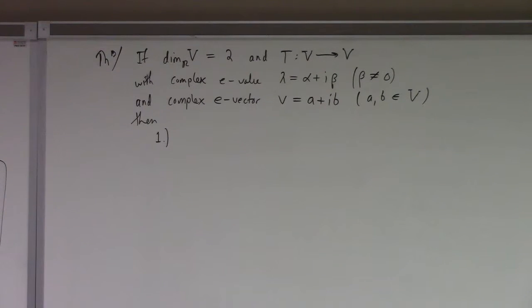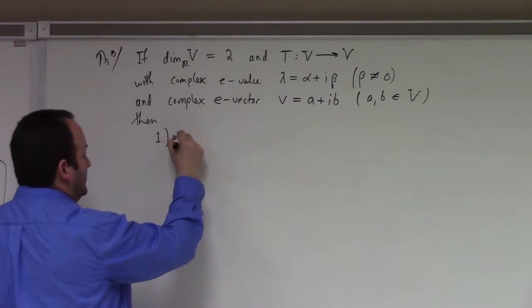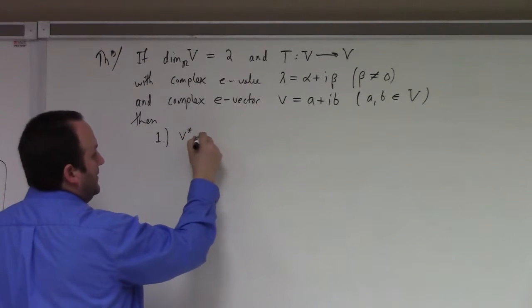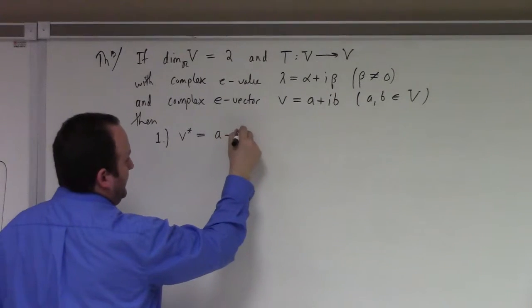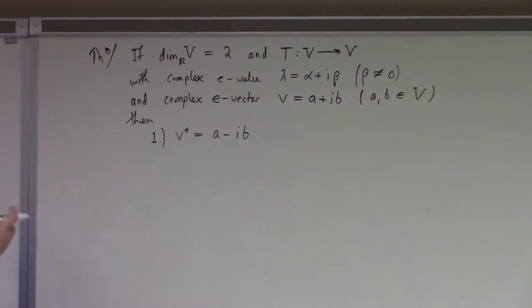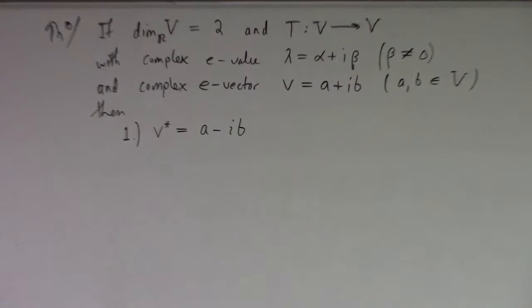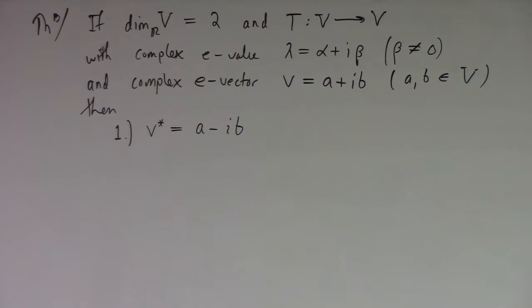Point 1. The first thing we can show is that the conjugate, v star, equals a minus ib. This is the definition of the complex conjugate of a vector. You just switch i to minus i, and real stuff doesn't change.